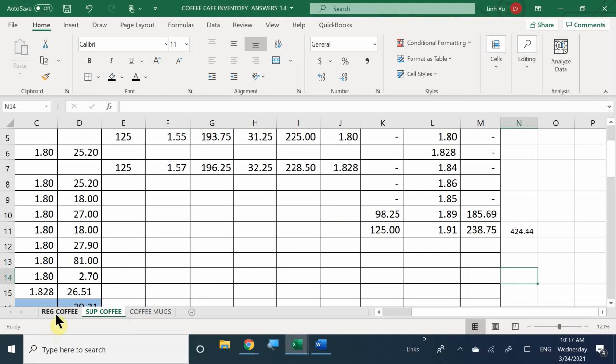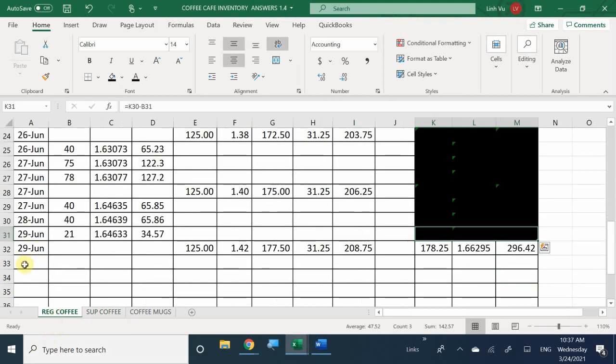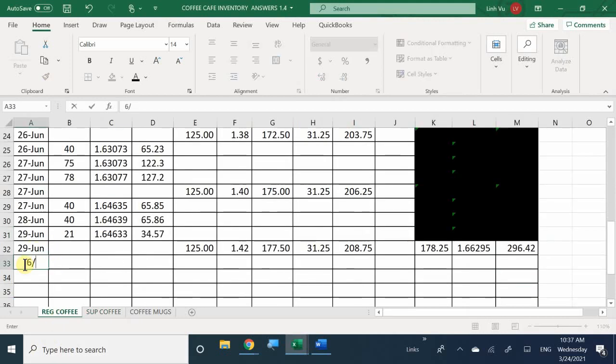Okay. So again, regular coffee. We used 40.75. How much is that going to cost? It's going to cost me $1.66. Right, it increased. So what is my total amount of my cost of goods sold?